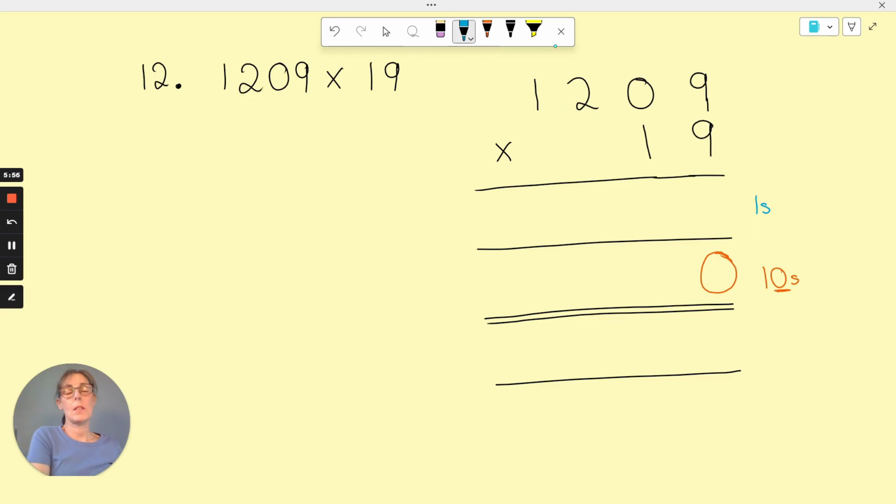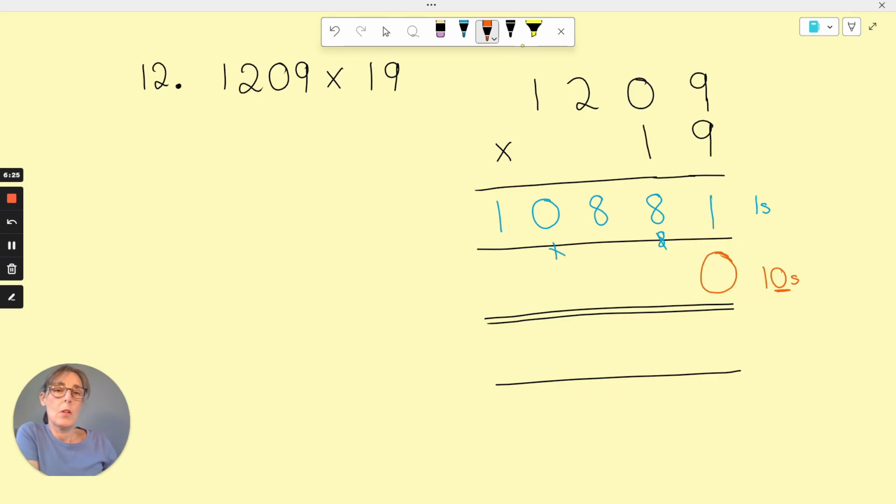So 9 times 9. 9 9's 81. Okay. 9 times 0 is 0 plus 8 is 8. 9 times 2, 2 9s are 18. 9 times 1 is 9, add 1 is 10.